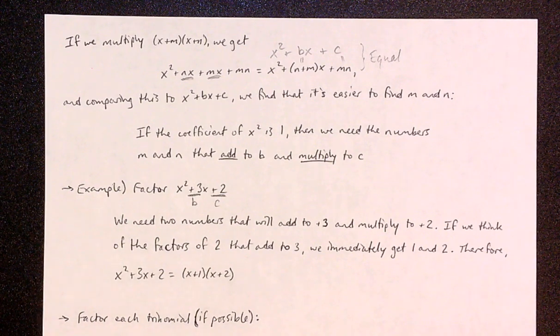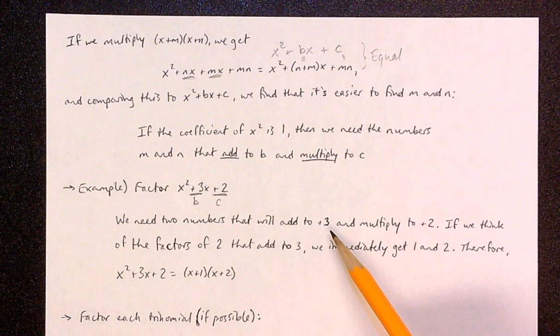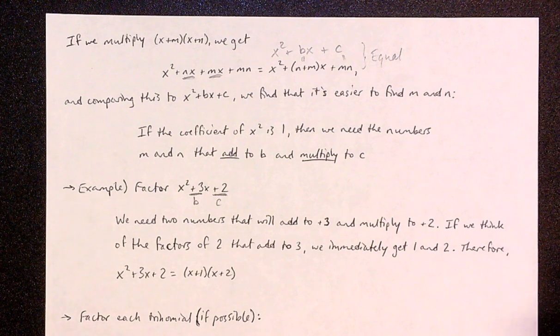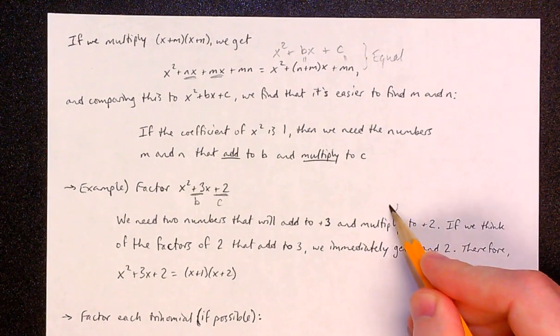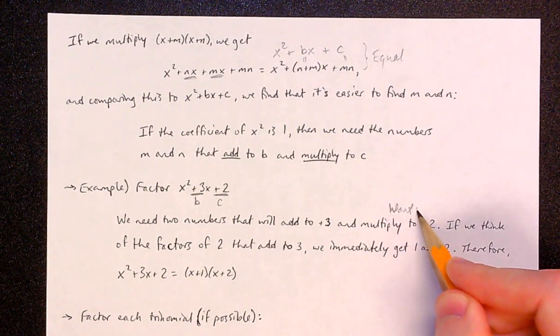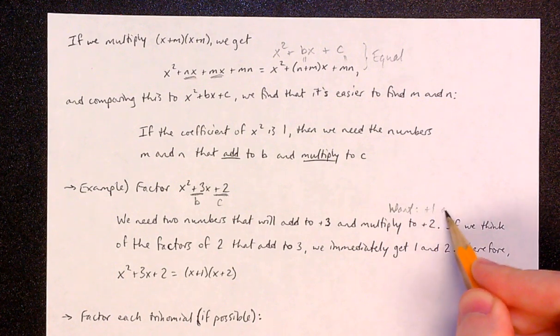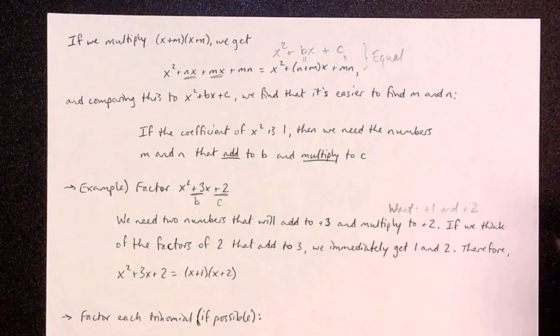So what numbers can we multiply to get 2? Well, we have positive 1 and positive 2. Okay, if we add those numbers, does that sum give us positive 3? Well, yes, it does. So we have found the numbers that we want. We want positive 1 and positive 2.